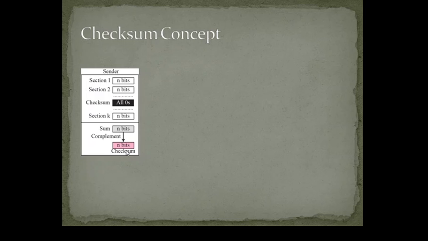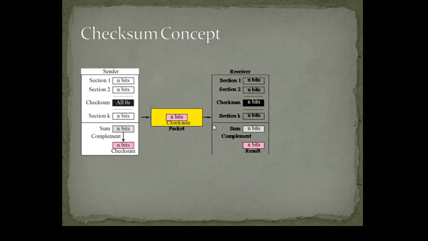Now we send this n-bit checksum with the packet to the receiver. The receiver performs the sum of all the 16-bit values, and the same checksum that it has received.